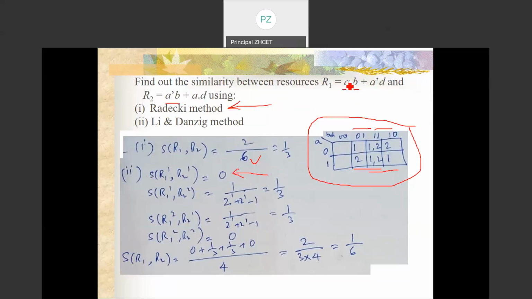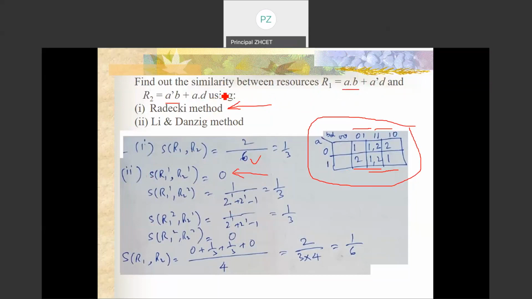Now comparing the first product term of R1 with the second product term of R2, which means AB with AD. AB with AD, their intersection is not null and there is no complement term either. So the formula will apply that we have seen. How many terms are here but not here? 1, which is B. So 1 upon 2 to the power 1.